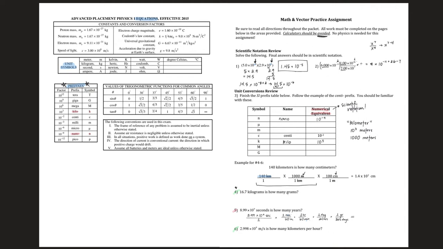Okay, when we're looking at this scientific notation, I didn't talk about this earlier, but we can talk about it really quickly. 8.99 times 10 to the 9th, that exponent on your 10 tells you how many decimal places you need to move your decimal to the right or to the left. Okay, so remember that positive exponents mean that it's a really big number.